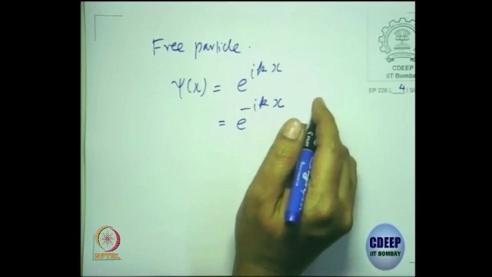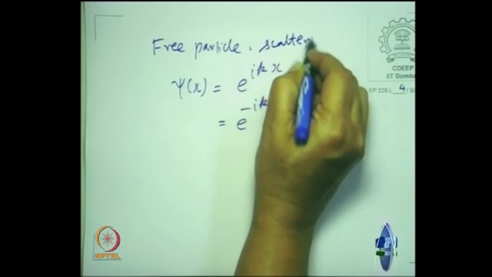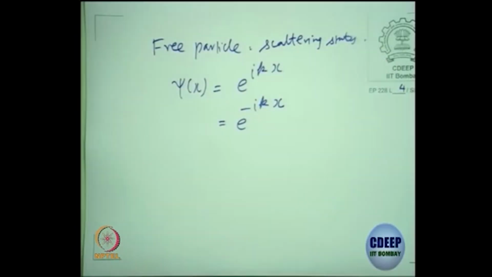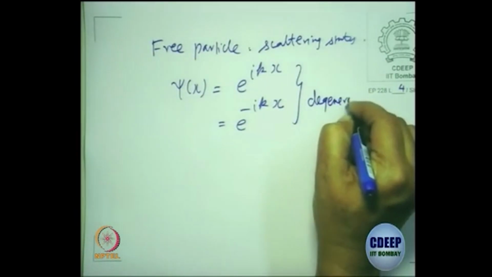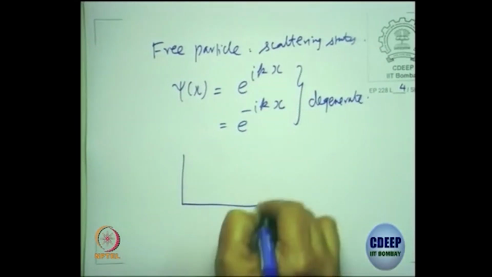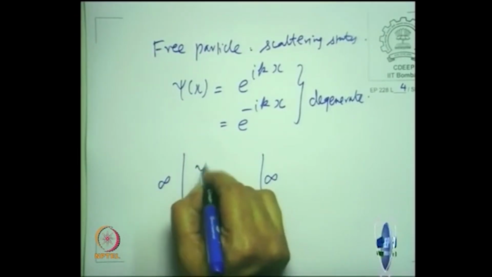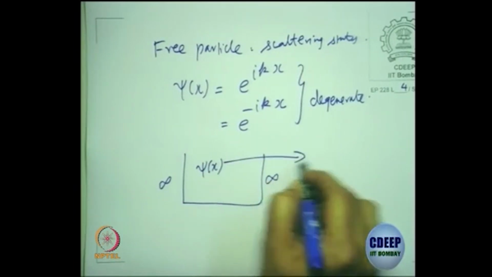They could be degenerate. This is scattering states, right? You all agree? Scattering states can be degenerate. But once I put them to be bound inside the wall, then it becomes a bound solution which is non-degenerate.